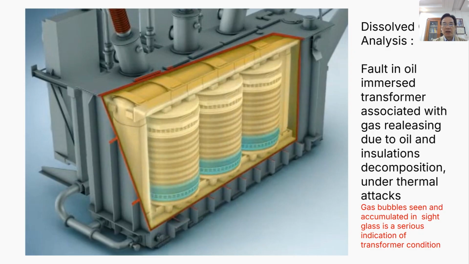So in normal operation, if you go to the Buchholz relay, you look at the side glass and find that there are some gas bubbles inside, or the oil level in the side glass is decreasing day by day. That is a critical sign indicating something critical is happening to our transformer.